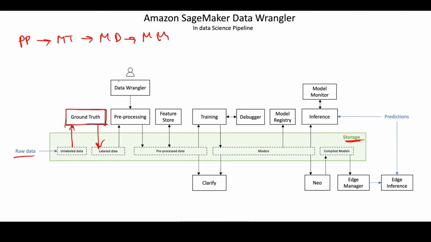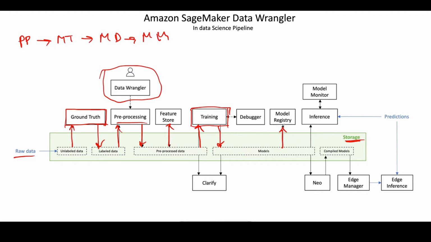and then labeled data comes back into it. This is where we are right now in Data Wrangler, and we are authoring a pre-processing job. You'll see how pre-processing takes data from the storage layer, does something with it, and puts it back. You'll have the option later on to put that ingested data into the feature store. Any subsequent training jobs that you might run will also ingest data from that same storage layer. The resulting models will go back to that storage layer.